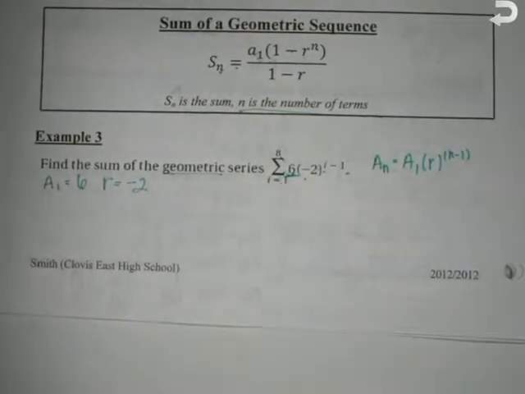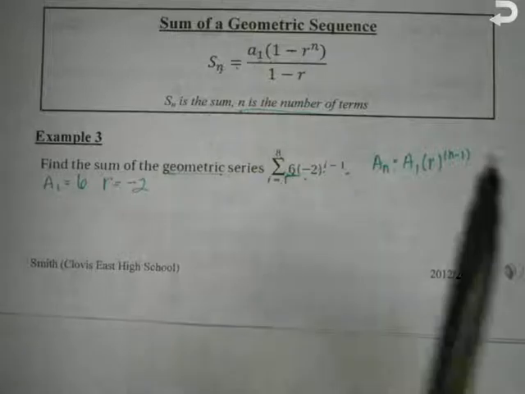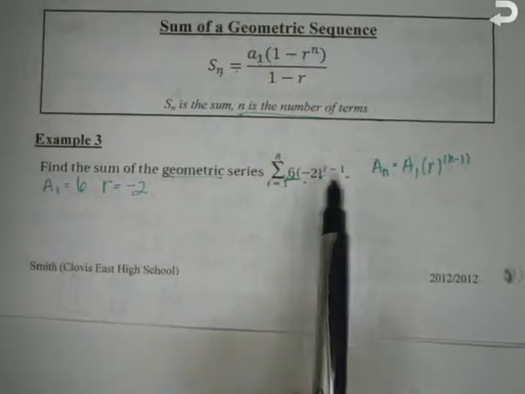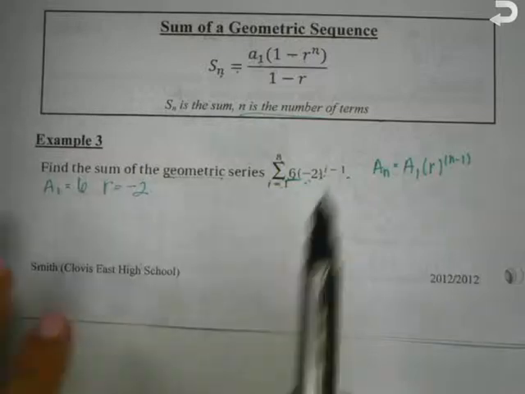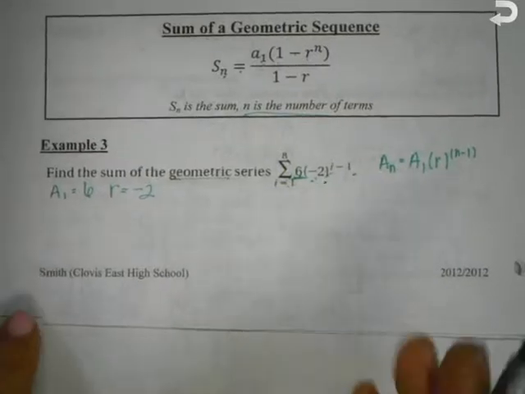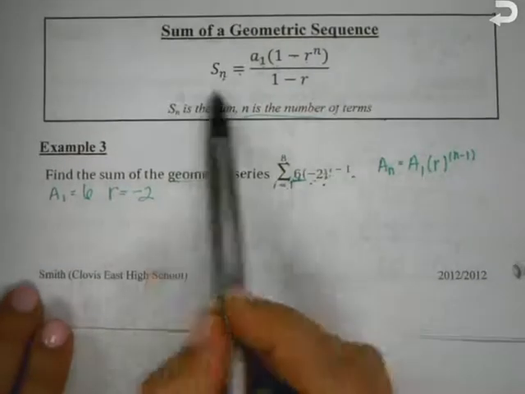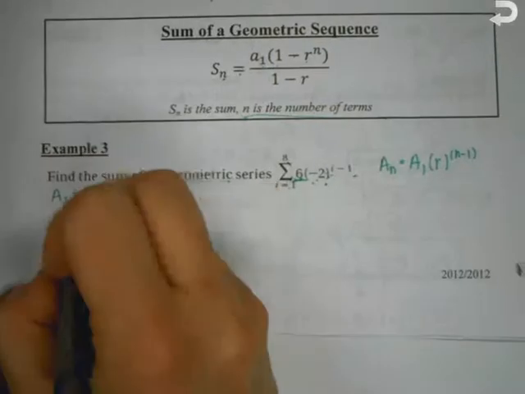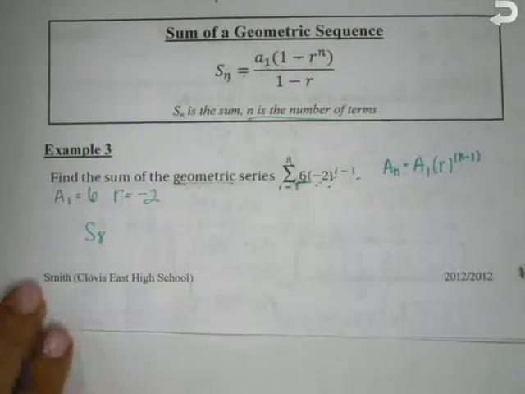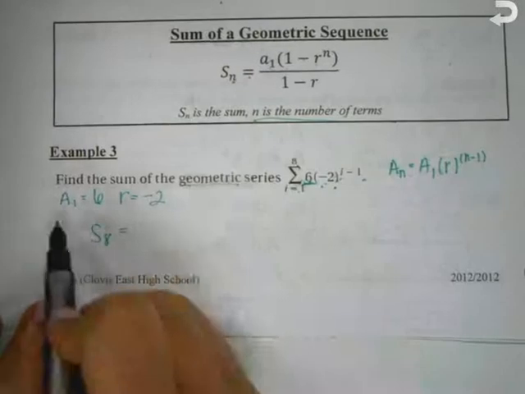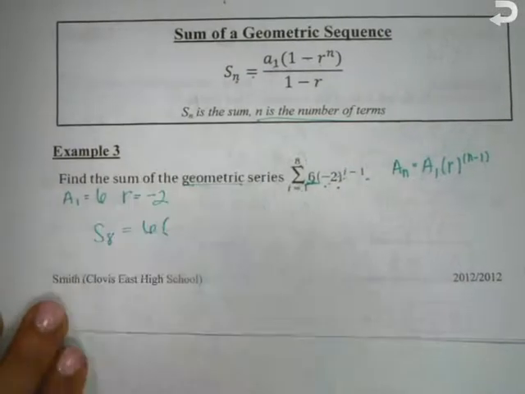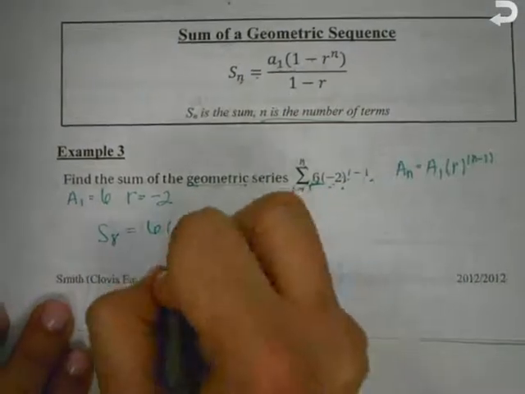The sum of the first 8 terms is equal to a sub 1, which is 6, times 1 minus r, which is negative 2, in parentheses, to the n. What is n? 8. All over 1 minus r, which is negative 2.